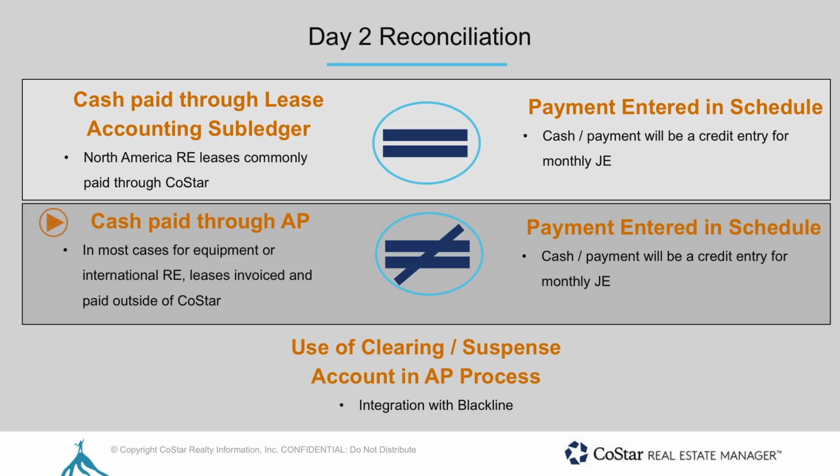In practice, real estate outside of North America, and certainly equipment for most of you, is not paid directly in CoStar, meaning invoiced and paid locally by the business unit, by the country if it may be international. And in that case, there is no automated push from CoStar for that payable activity.